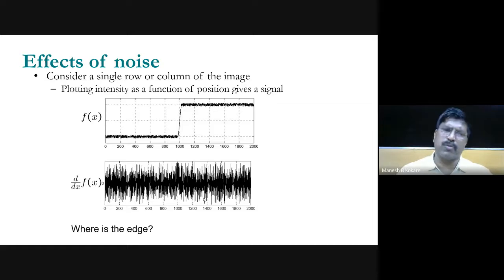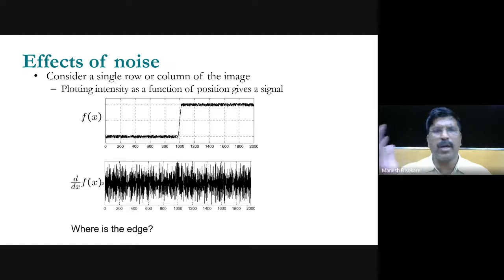So what is the solution? We have to remove the noise from this function, or from this edge profile, and after that we can detect the edge. Now, how do we remove that noise? You know that for removing noise, you have to use a low-pass filter, because noise is nothing but a high spatial frequency component.